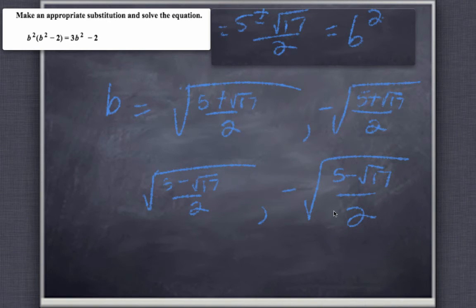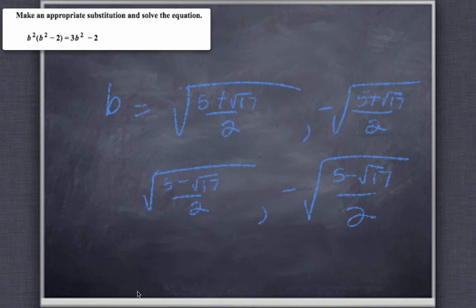So however it ended up it may want you to enter it exactly like this, but anyway, these are the solutions. That wasn't the easiest substitution question you'll ever see in your life, but you can do these practices and see how you do.